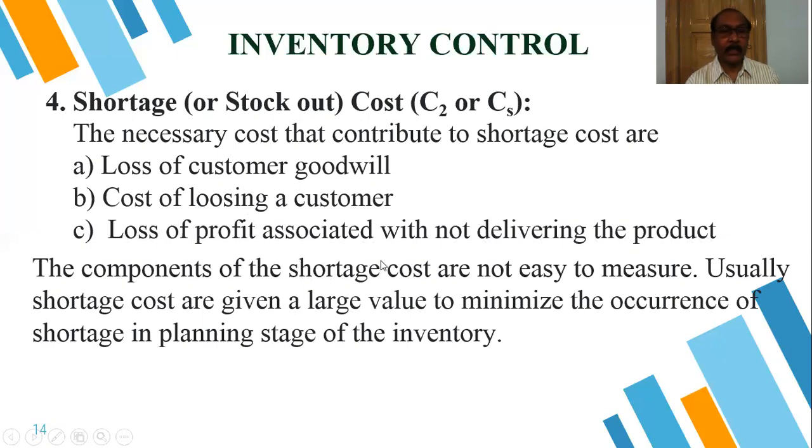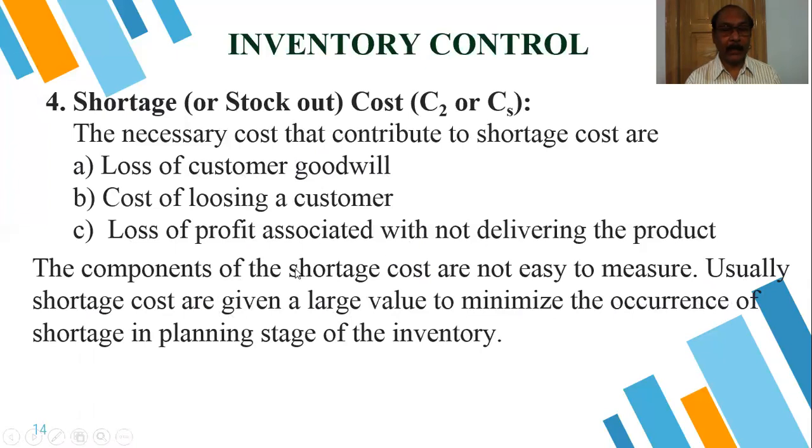Shortage cost is not easy to calculate, but we can easily calculate the profit or loss if the product is not delivered to the customer. But when the company loses goodwill, that is also not good for the company. So usually shortage costs are given as a large value to minimize the occurrence of shortage in planning.